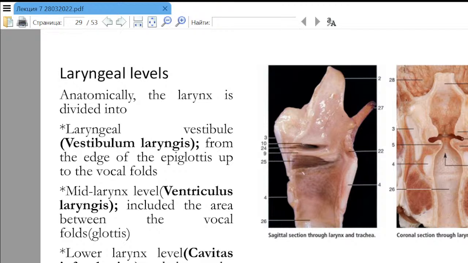This is vestibulum laryngis, ventriculus laryngis, and cavitas infraglottica.